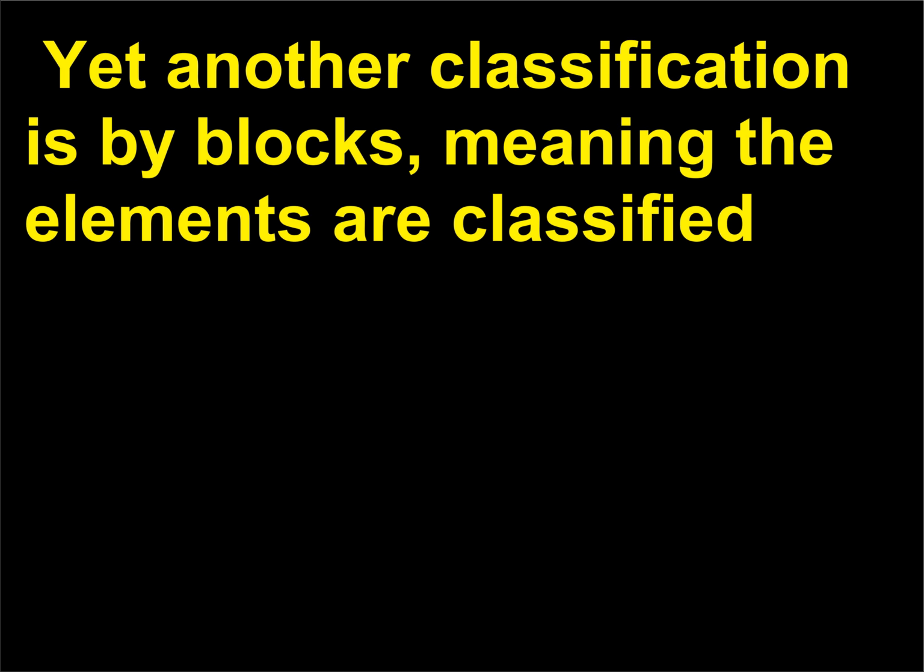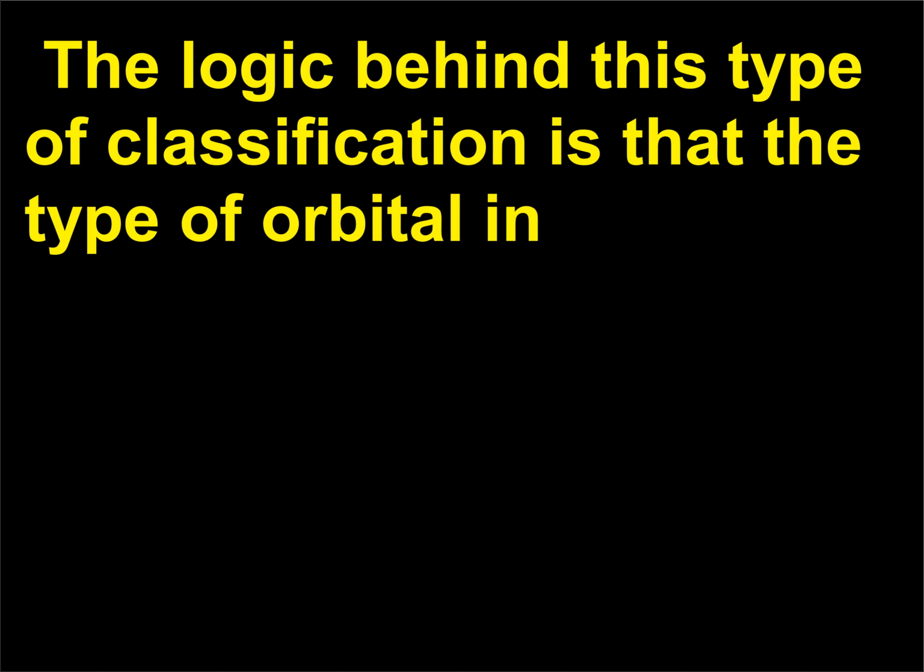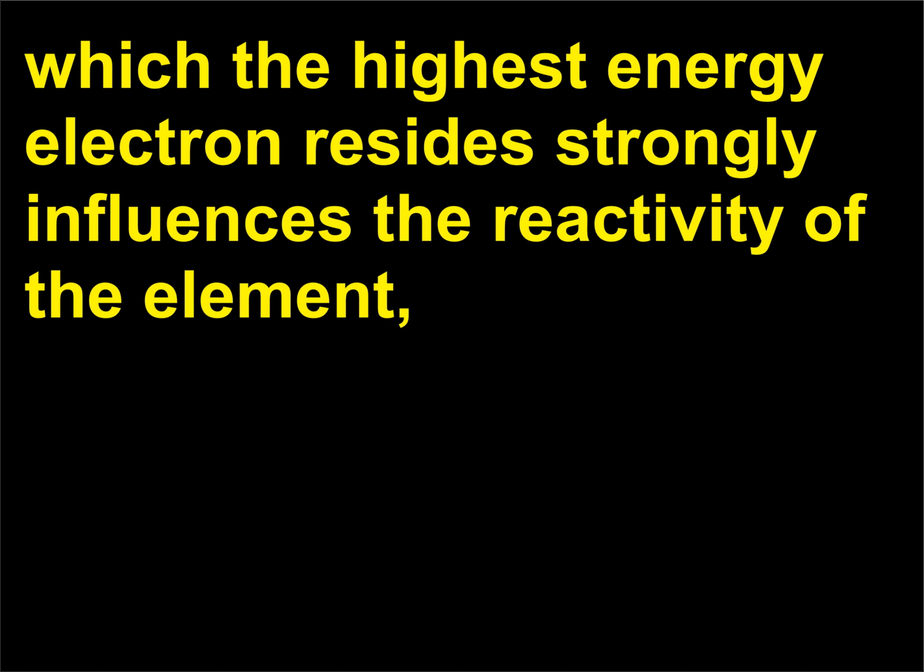Yet another classification is by blocks, meaning the elements are classified by the type of orbital in which the highest energy electrons reside. The logic behind this type of classification is that the type of orbital in which the highest energy electron resides strongly influences the reactivity of the element.